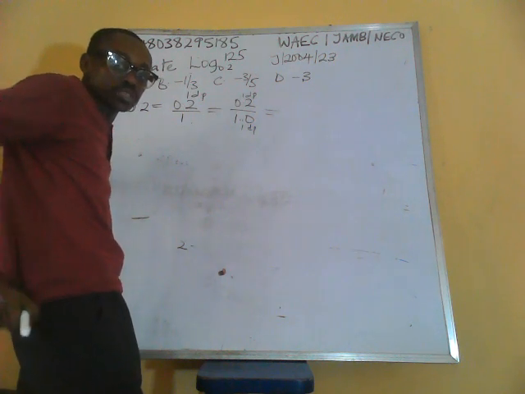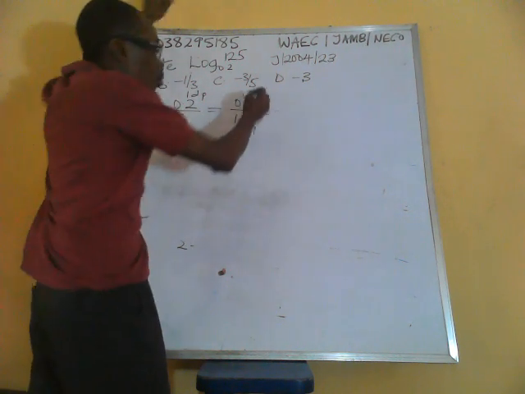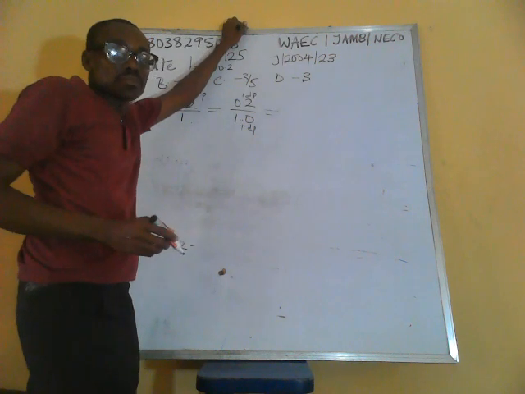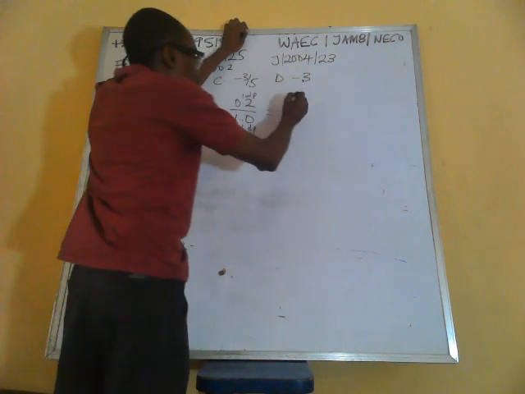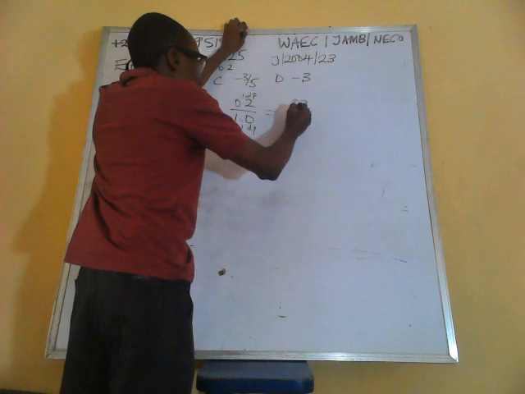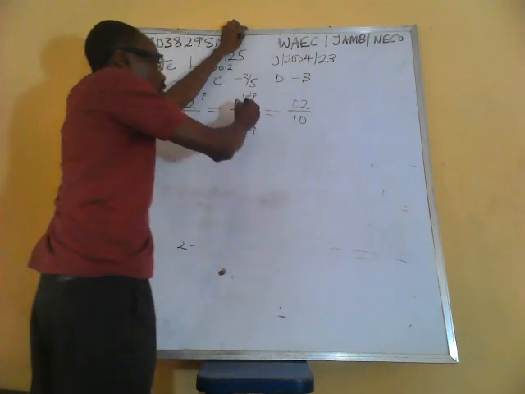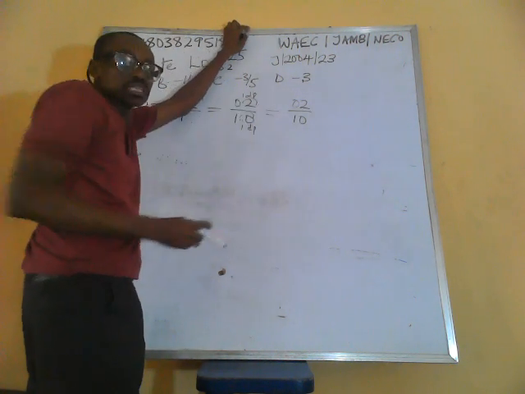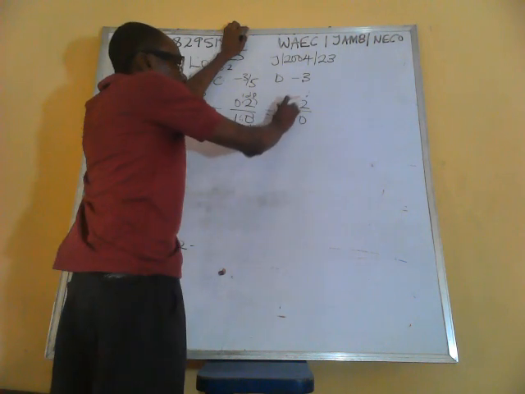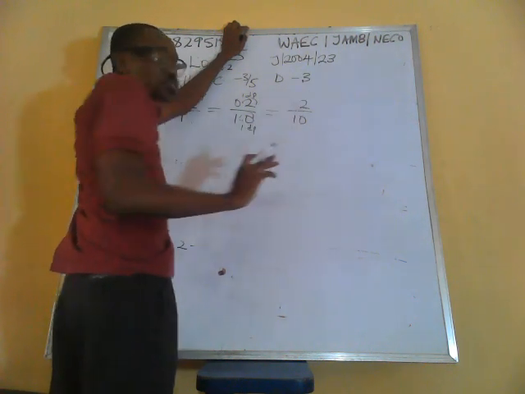What we do next is eliminate the decimal. Over here we have 0.2, over here we have 10. We remove the decimal. So 0.2 is the same thing as 2, so we can write this as 2 directly.